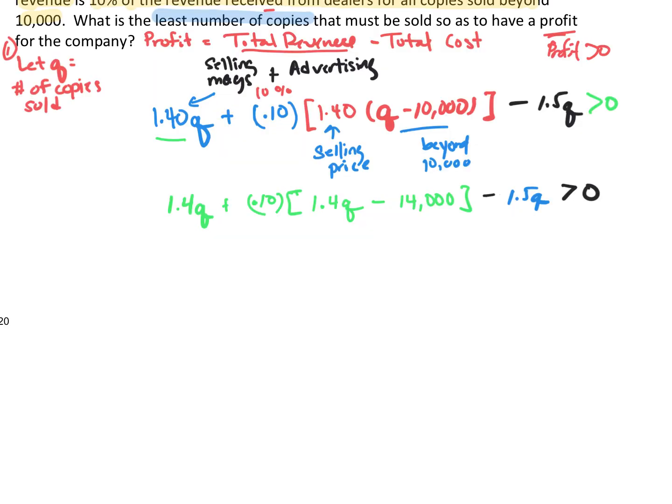So we come up with Q is greater than 35,000. But we have to sell more than that in order to receive a profit. So what is our statement?